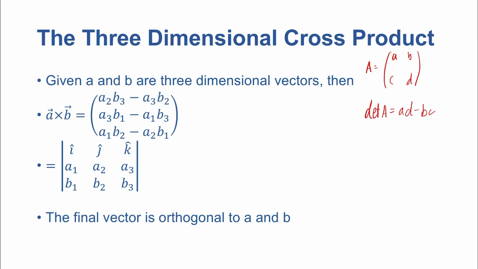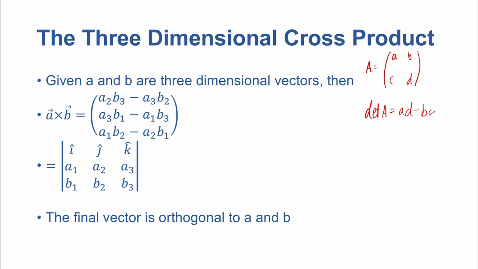Okay, now why is this important? Well, what we actually see at this point is a series of determinants in our vector. So A2B3 minus A3B2, that looks like the determinant of a matrix, right?